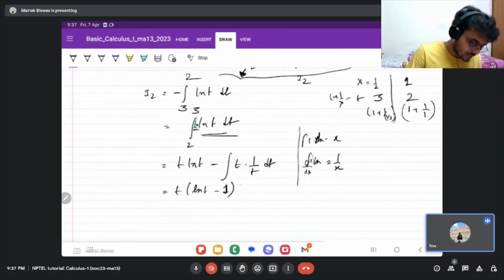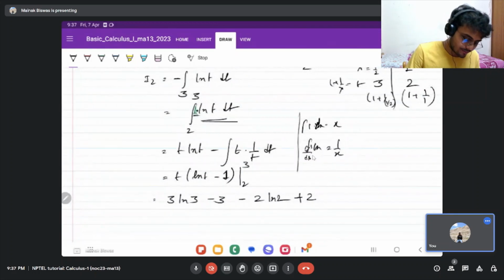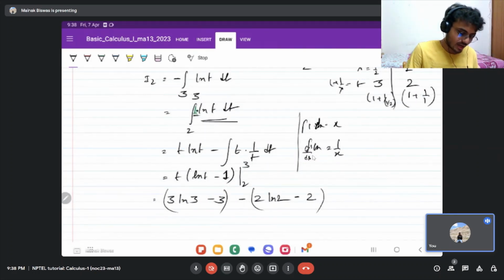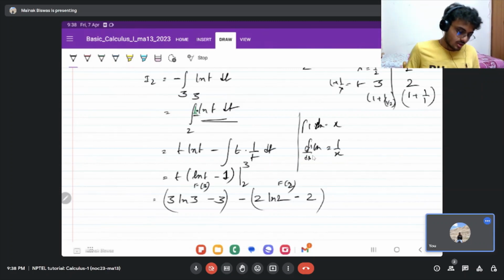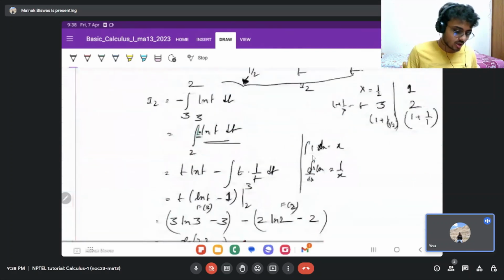Now if you put the limits 2 to 3, you get 3 log 3 minus 3 minus 2 log 2 plus 2, because by the fundamental theorem of calculus it is f of 3 minus f of 2. So you get log of 27 by 4 minus 1. This is your one integral.